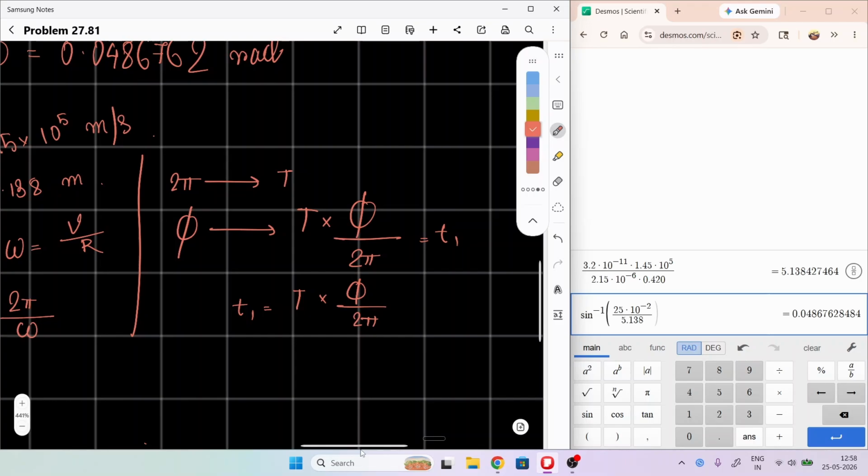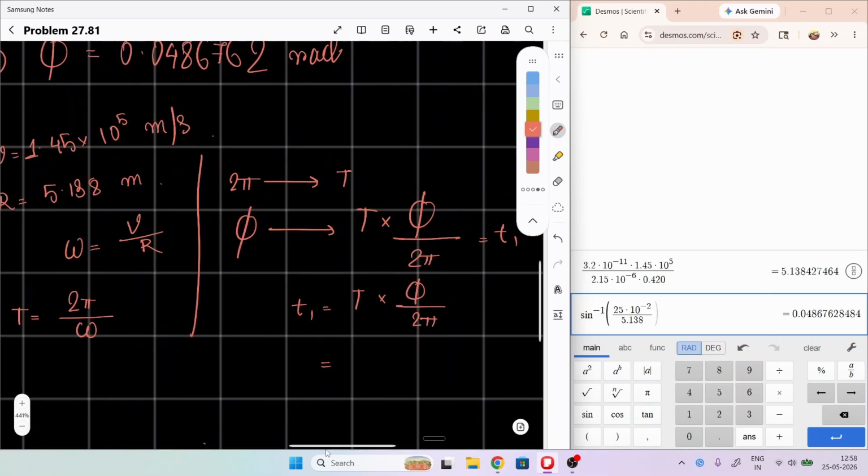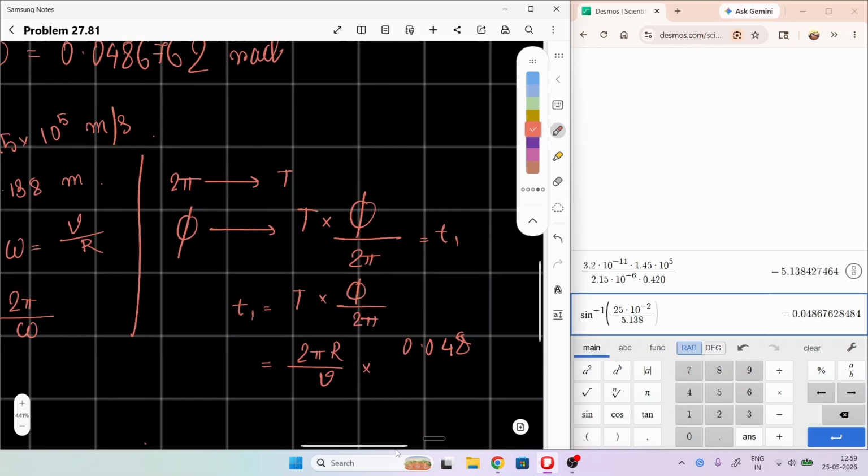Okay, so what is capital T? 2 pi by omega. And what is omega? V upon R. So T1 is 2 pi R upon V into phi. What is phi? 0.0486762 upon 2 pi. 2 pi gets cancelled.